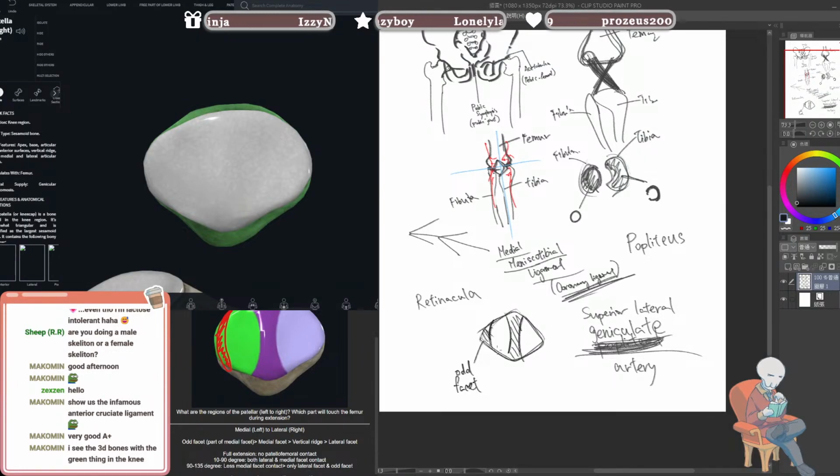Oh, you simply say it is the medial facet. Medial facet and lateral facet. I just say F here. And the middle area where it's protruded is called the vertical ridge. Ridge seems like a better way to describe it. It's like the ridge of a mountain.